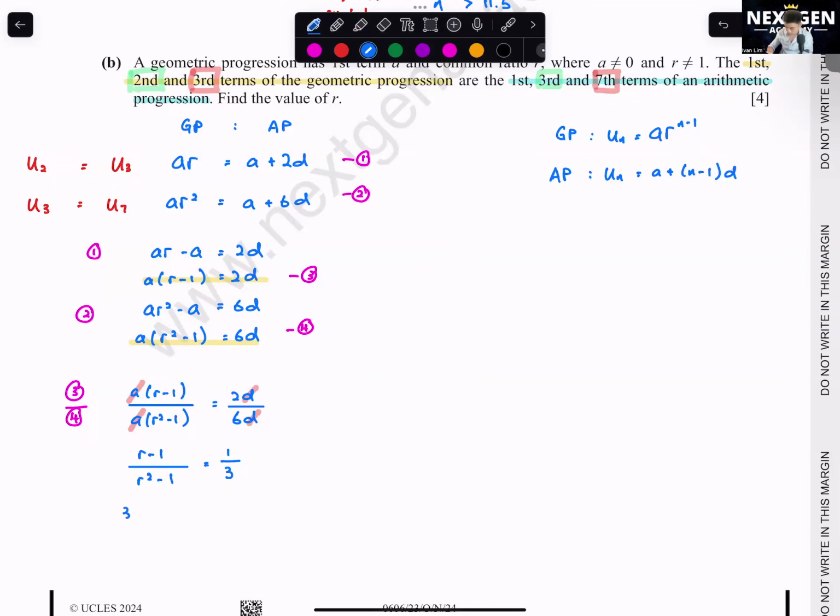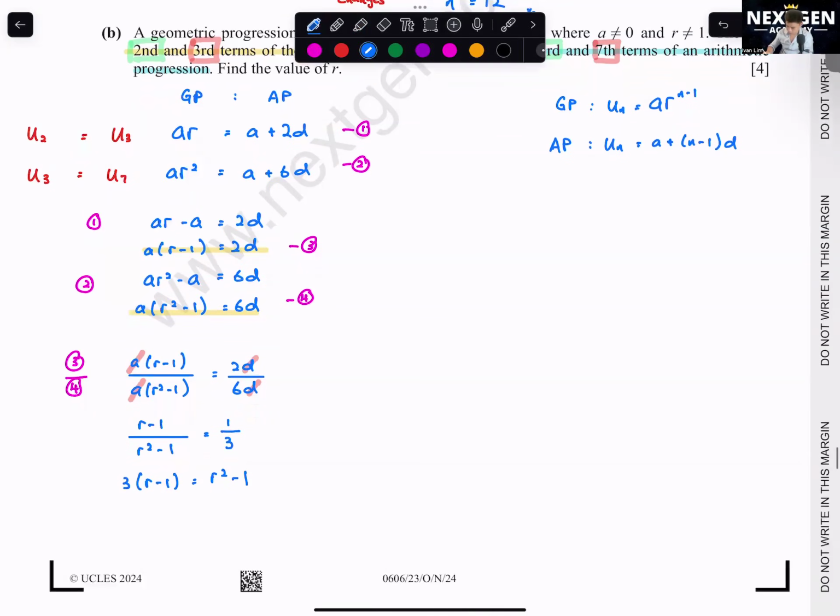Let's cross multiply it. 3(R minus 1) equals R square minus 1. Let's solve for this. 3R minus 3 equals R square minus 1. We get R square minus 3R plus 2 equals 0.